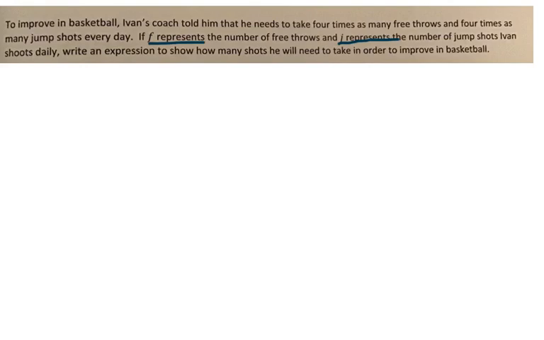So we need to add up the number of free throws and the number of jump shots. So we're going to have F plus J. And his coach told him that he needs to take 4 times as many as that. So we're going to take F plus J, and we are going to multiply it by 4. So I have 4, and then the parentheses F plus J. And that's it.